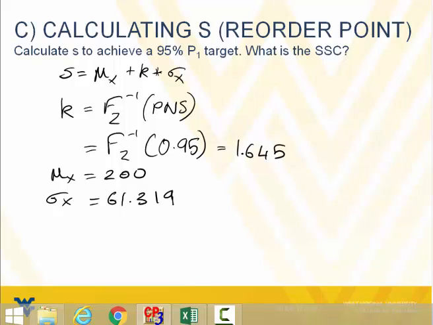Everybody with me so far? Okay, so we've already calculated mu x, which is given to us, and we already calculated sigma x. So we just plug this into the formula.